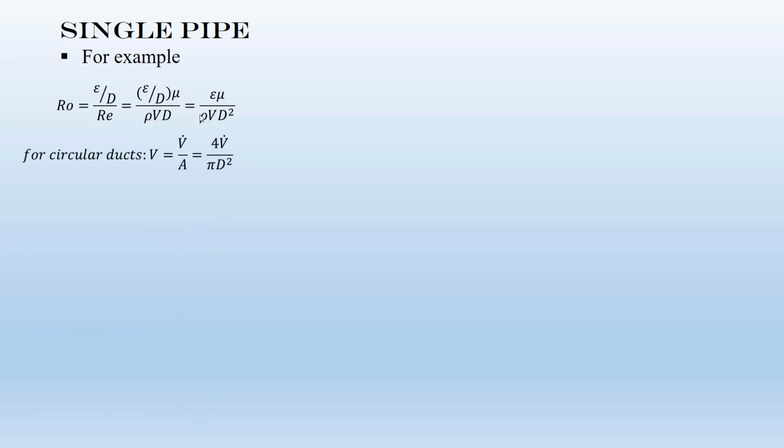Okay, now let's assume that we have circular ducts. If we have a circular duct, we can write velocity equals the volumetric flow rate over area, and the area for this case is pi d squared over 4. And then we can write velocity is 4 V dot, where V dot is the volumetric flow rate, over pi d squared.